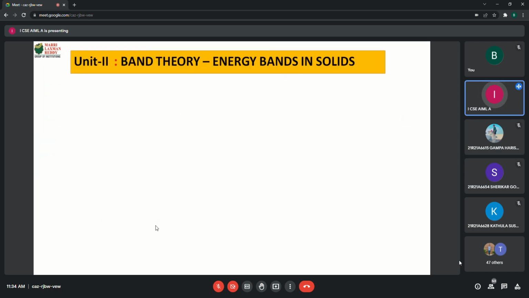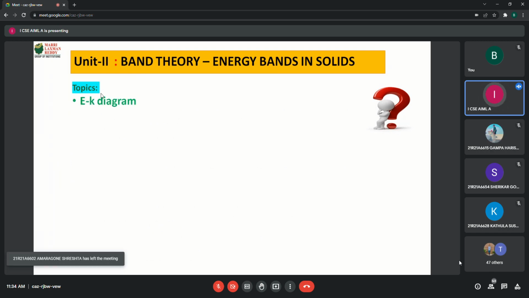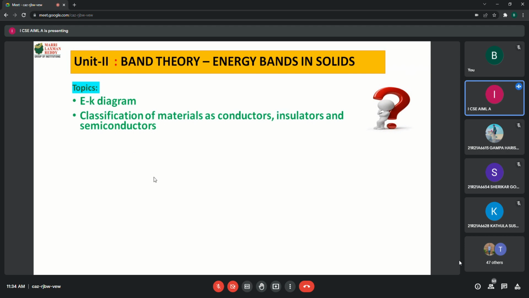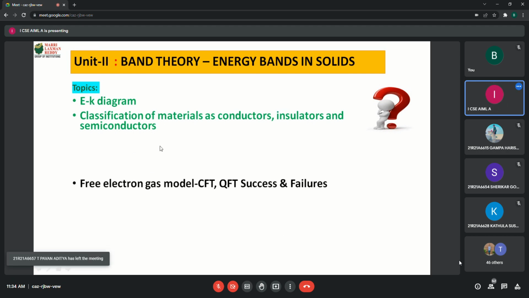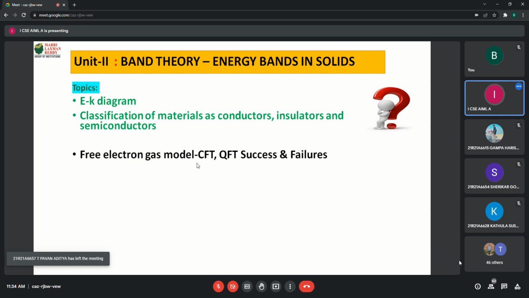Now, which questions can be expected from a final examination point of view, or any examination point of view? As I told you, these questions can be expected as important: the E-k diagram, and classification of materials as conductors, insulators and semiconductors. This has not yet been asked, but you have to prepare and be ready in case this question comes.